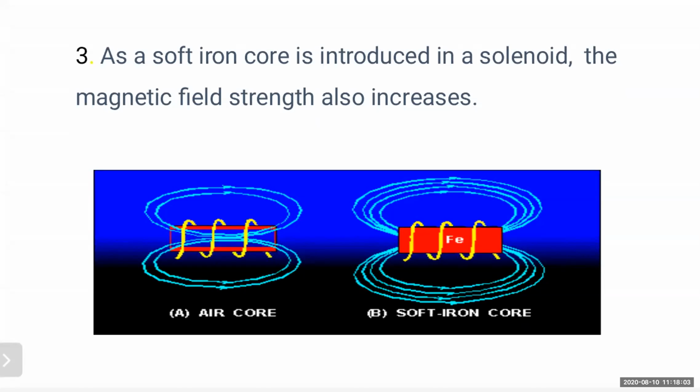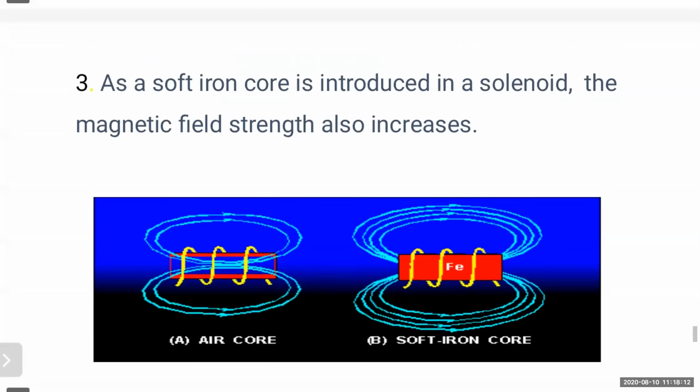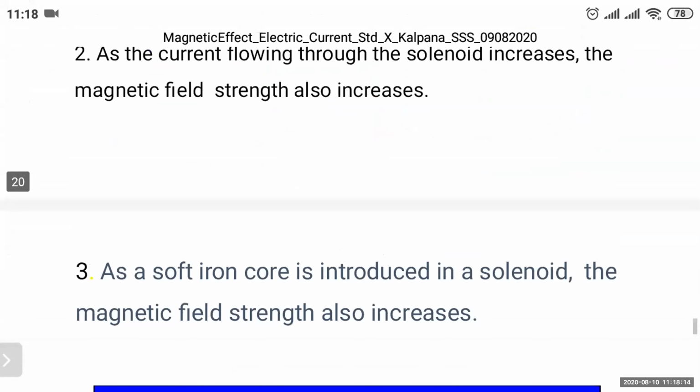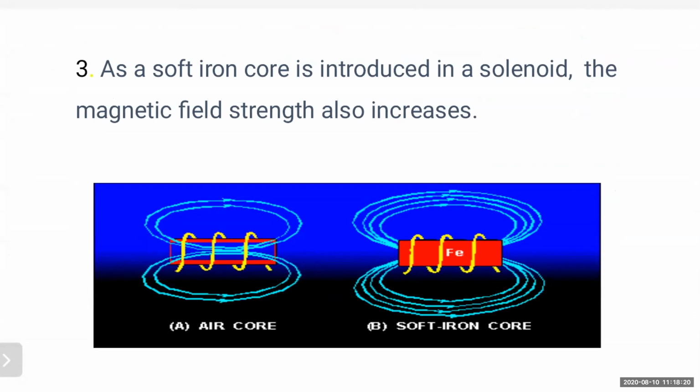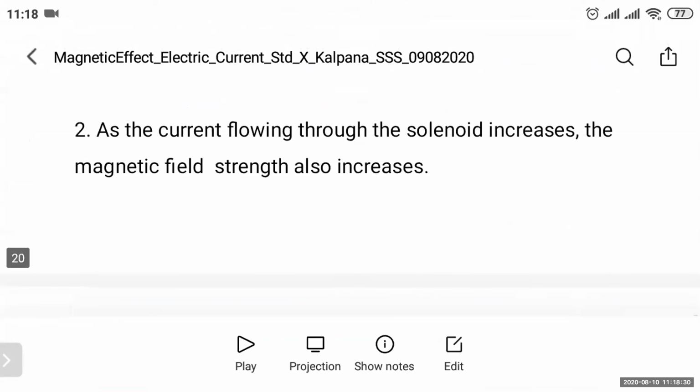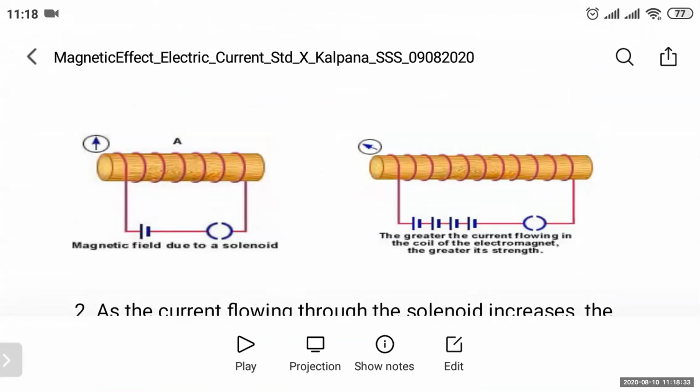Look at the figure. In the solenoid, these lines are similar to the lines of a bar magnet. One end of the solenoid acts as a south pole and the other end acts as a north pole.